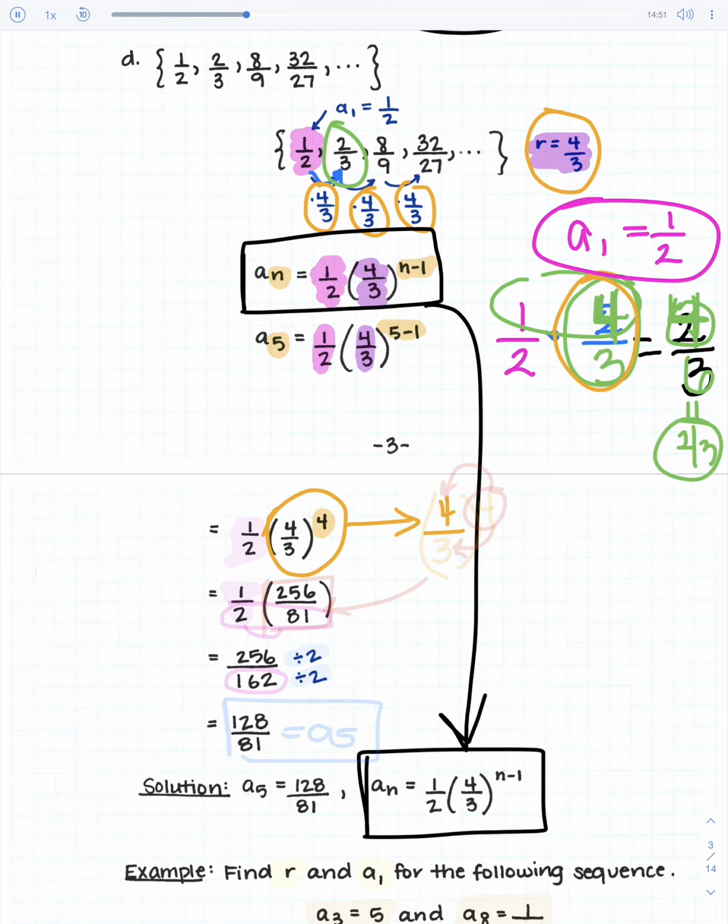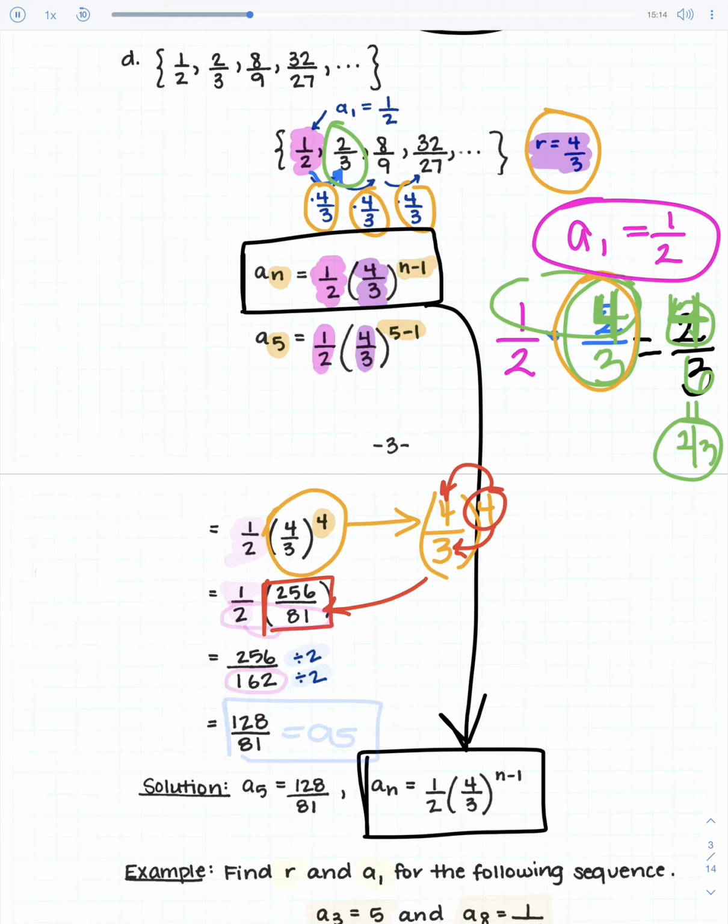Well, 4/3 to the 4th power means you've got to raise the top of your fraction to the 4th power and the bottom of your fraction to the 4th power. Well, 4 to the 4th will get you 256, and 3 to the 4th gets you 81.